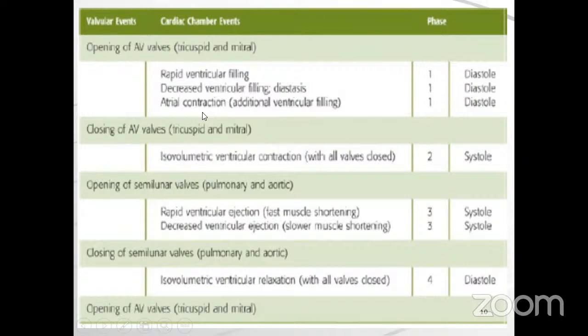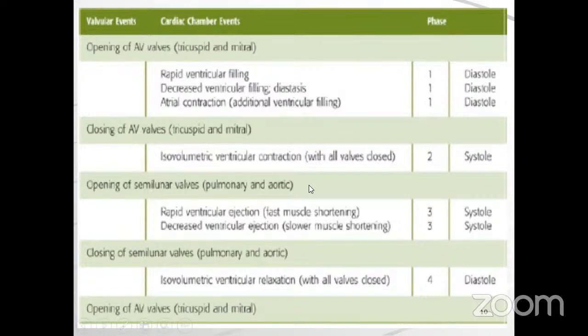Once it reaches the maximum, the AV valve closes, and that is known as isovolumetric ventricular contraction. That is, with the same volume of blood inside, the ventricular musculature starts contracting.